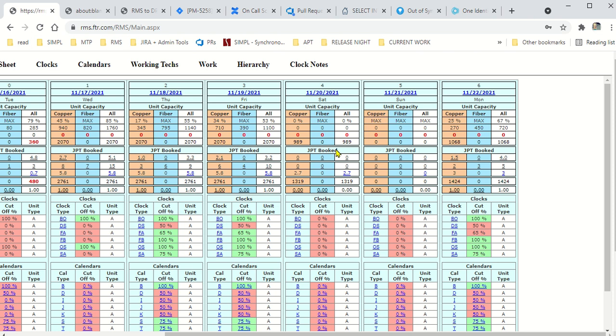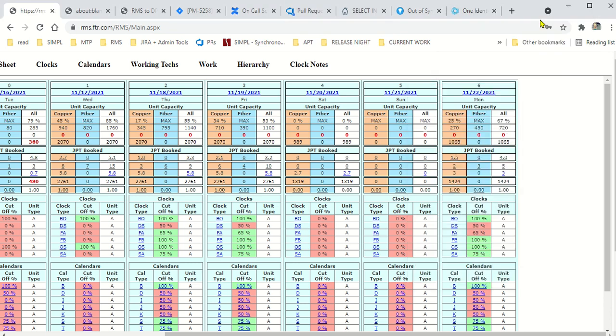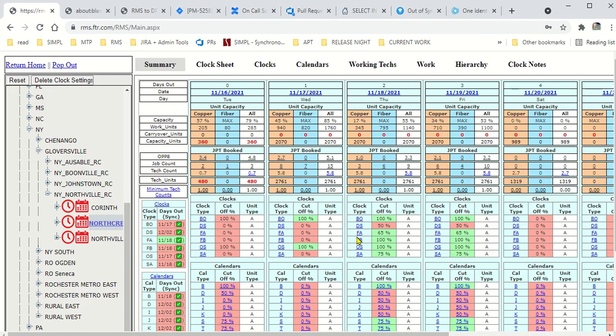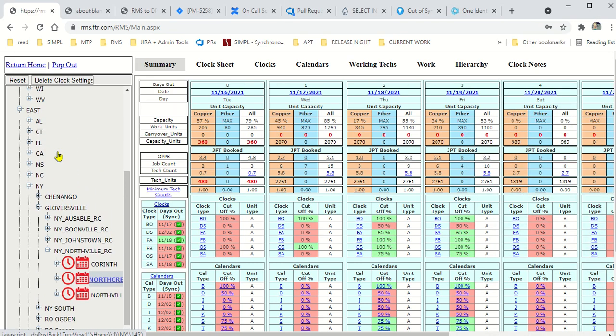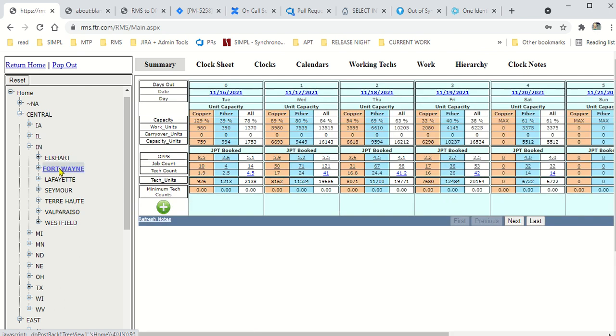Angola, our northern neighbors. See if Angola has a good version of this. It's Indiana, Fort Wayne, Angola, RC. Thank you. Central Indiana, Fort Wayne, sorry.